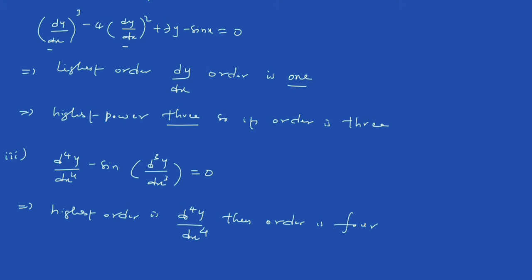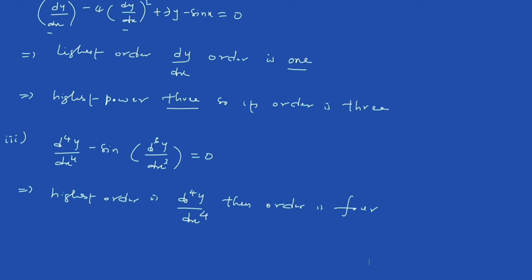It is not a polynomial. For degree, let's see: sin of (d cube y upon dx cube) is there, so it is not in polynomial form, right? For trigonometric functions like sine, we cannot define a degree for the differential equation here.